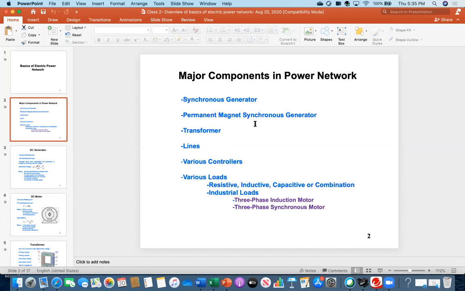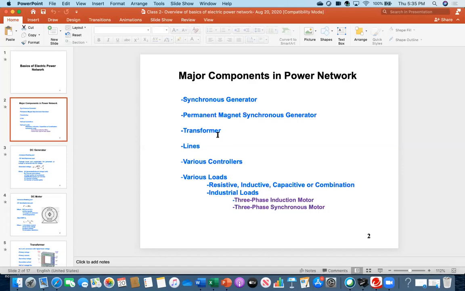As a power engineer, if you are asked to choose a generator between these two, synchronous and permanent magnet synchronous, of course you will choose this one because there are some advantages. Therefore, for a new power plant, you must put the permanent magnet-based synchronous generator.